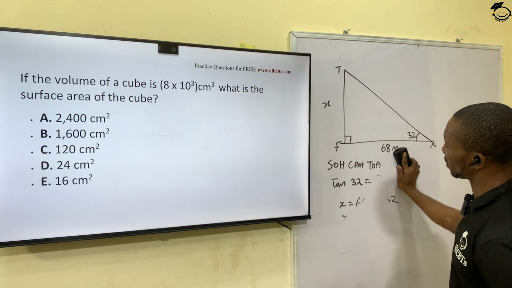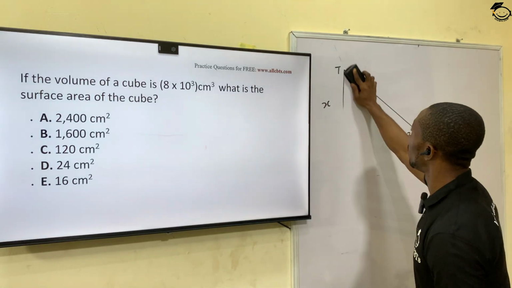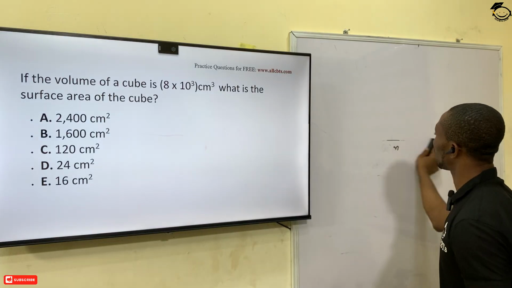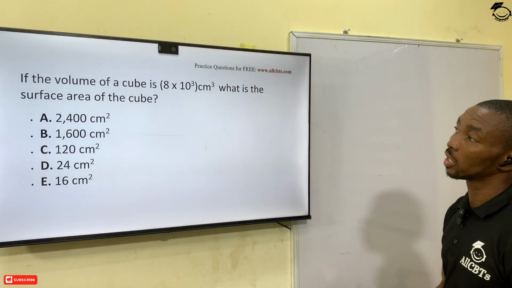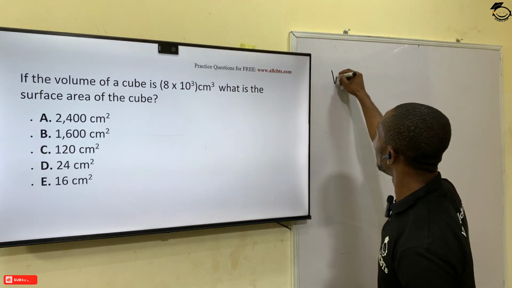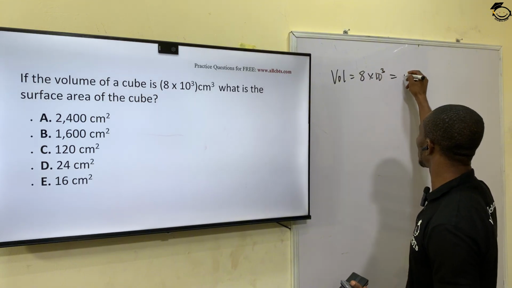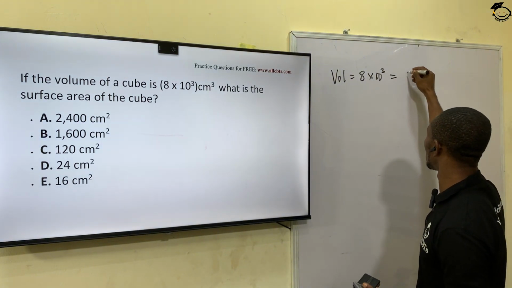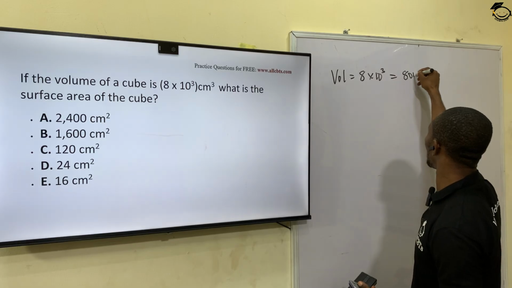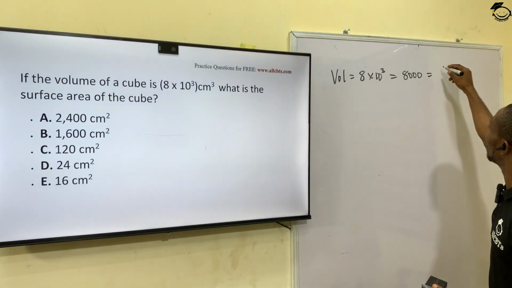Okay, our next question says, if the volume of a cube is 8 times 10 raised to the power 3 centimeters cubed, what is the surface area of the cube? Now, we have our volume to be 8 times 10 raised to the power 3, which can be rewritten as 8,000.